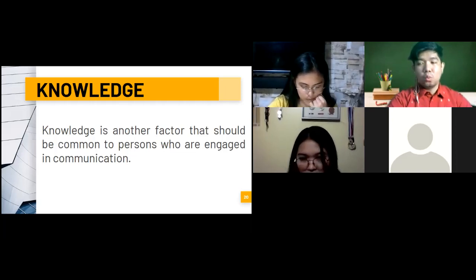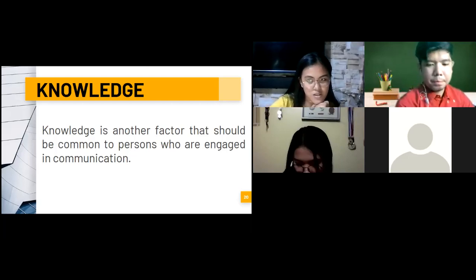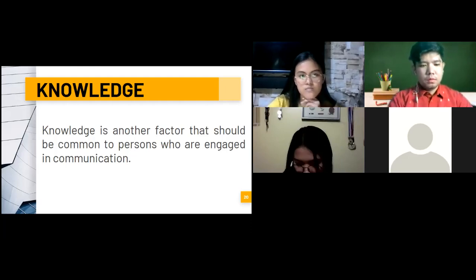Okay, my question is, why is it that knowledge is also included as another factor to be considered before engaging in a communication act? I think it is important to be included because, to communicate, you should be on the same page, or have the same knowledge of what you're talking about, something like that.